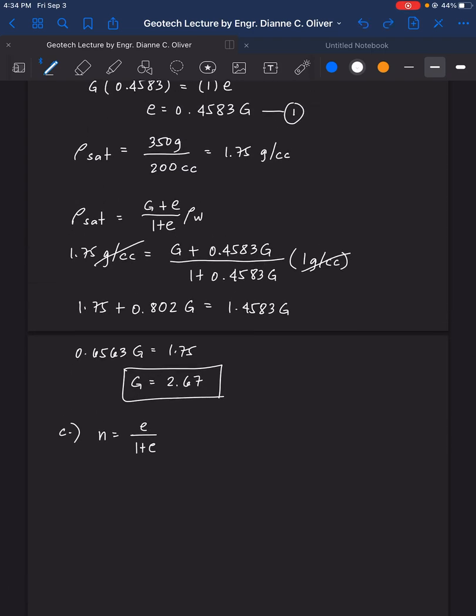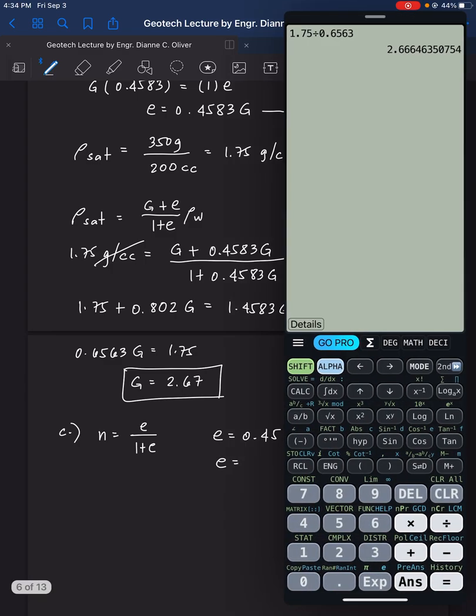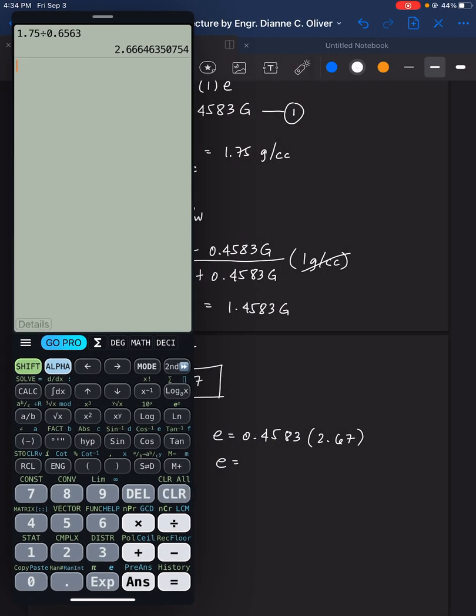Since we already have the value for G, therefore, we can get the value of E, 0.4583 times 2.67. So E is equal to 1.2237.